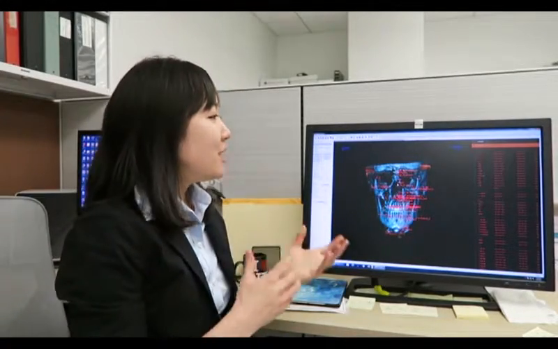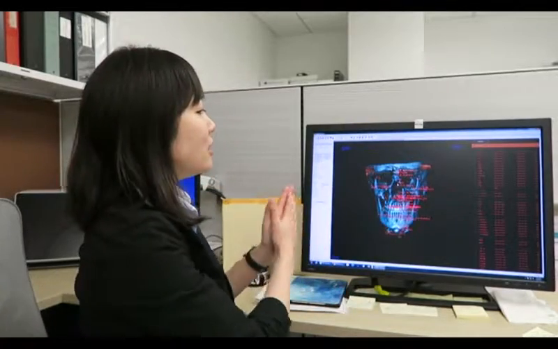So using CBCT, I feel like it's very different from the previous two-dimensional analysis using lateral cephalograms. Here I'm able to look at not only the anterior and posterior relationship or the vertical relationship, I'm also able to look at the transverse and look at measurements for things like molar rotation.